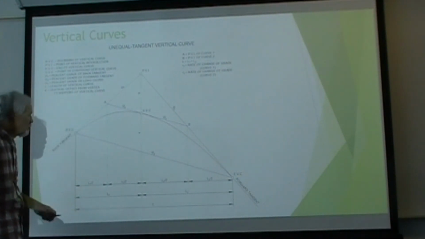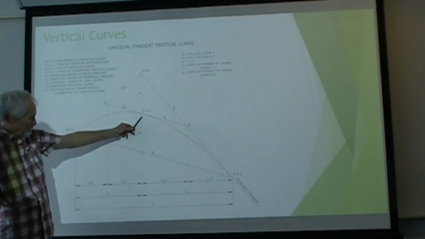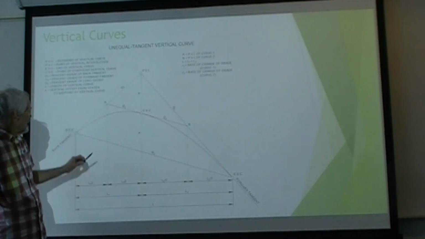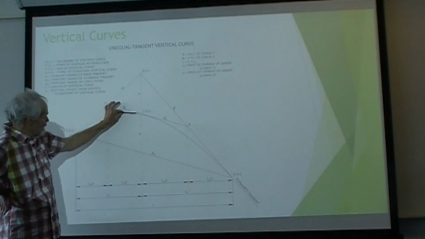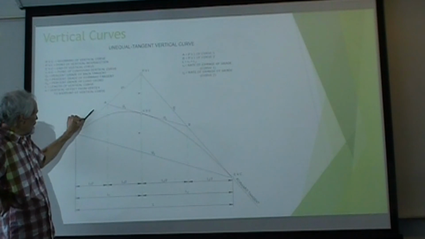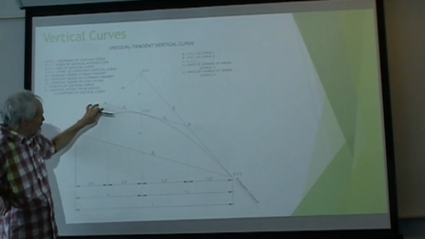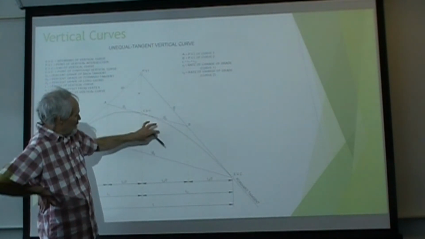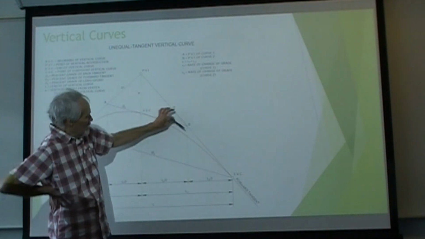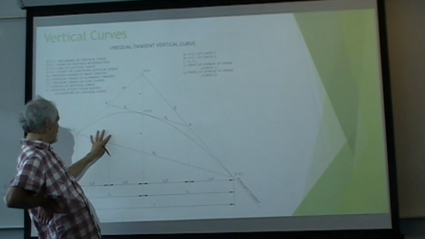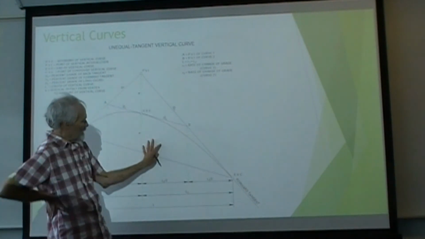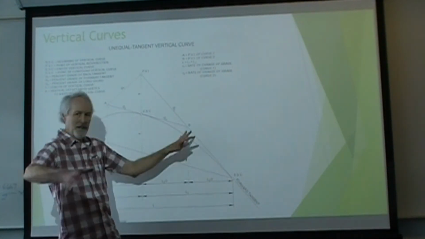But once you get the elevation of this point and this grade in, then you have a parabola here, and what you have is functionally this G1 and this G3, that's actually G2 for this curve, and G3 for this curve is actually functionally G1, G2. So you write an equation of parabola for this guy, you write an equation of parabola for this guy, and you just handle it like we did.